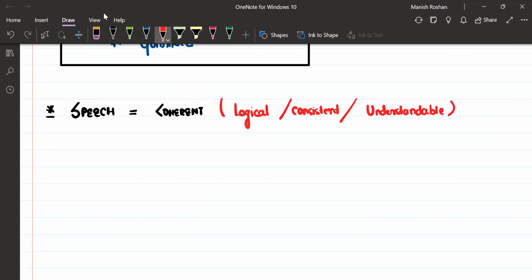So if the speech was logical, consistent, understandable, then we can label the speech as coherent. Whether the speech was relevant or not. Relevant means whether the speech was in accordance to the question.